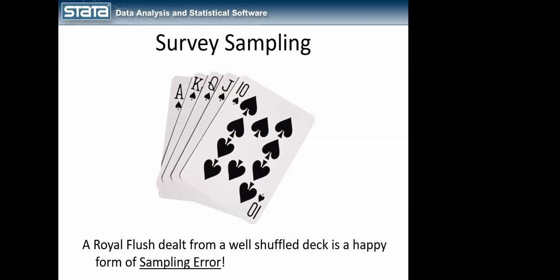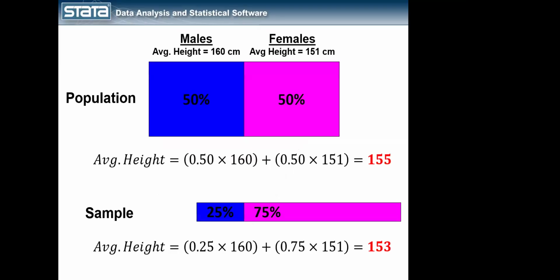So a royal flush dealt from a well-shuffled deck is a random sample that is in no way representative of the deck of cards that it was sampled from. And that's what survey sampling is all about. We want to go beyond just random sampling. We want to go to some effort to make sure that we get a representative sample and do that very carefully. So that's really what survey sampling is all about.